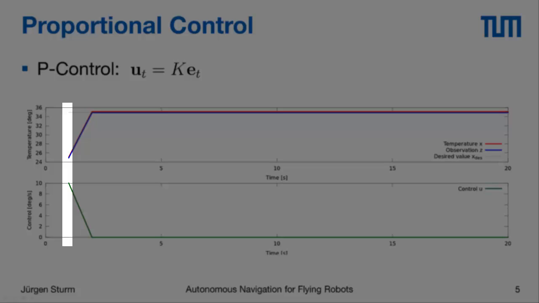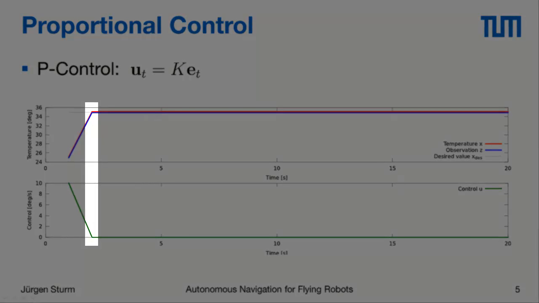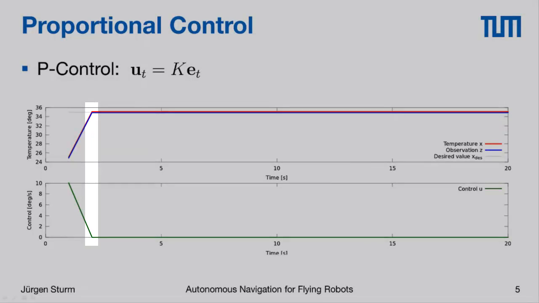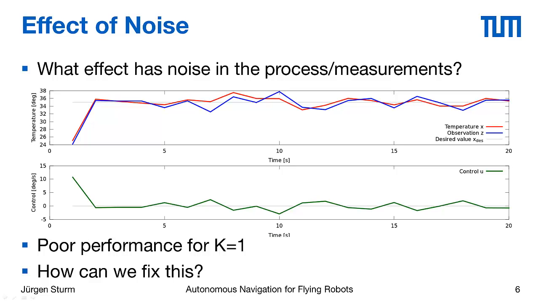So it would generate a control of +10, and then within one time step this control would change the temperature of the shower, and in the next time step we have already reached the 35 degrees, and because we are at the desired value already, the error term will become 0, and as a result also the control will become 0.